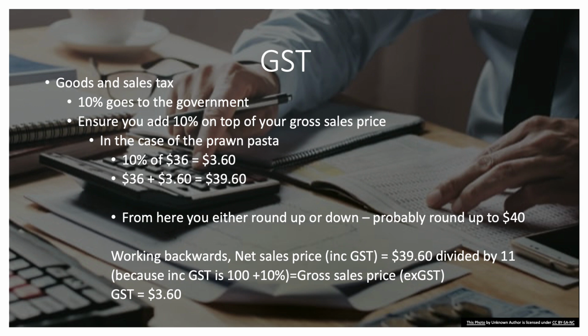With food, it's a little bit different. Some items have GST on them when you buy them. Some items don't. Most raw ingredients do not have GST on them. So this is one of the biggest challenges in a food business, is having an understanding that you need to put 10% on top of your markup.